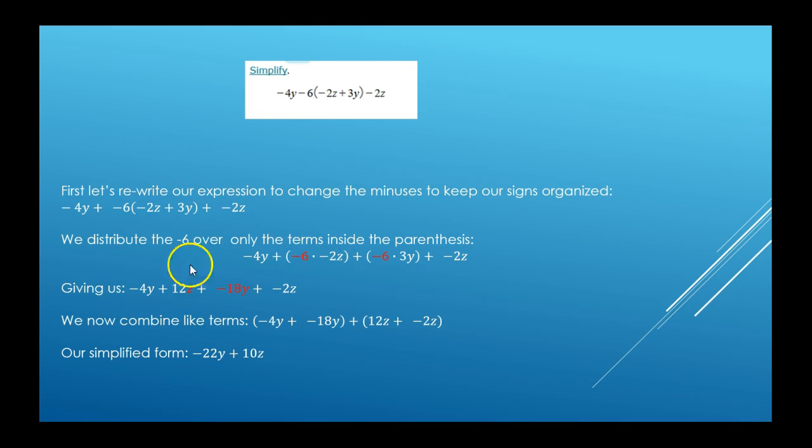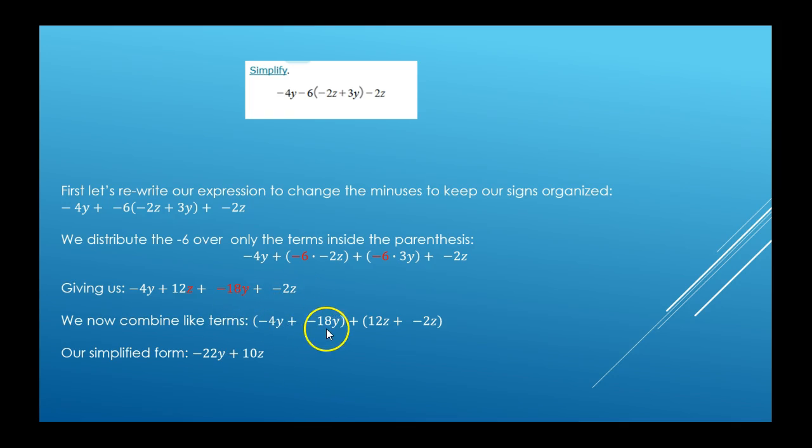-6 times -2z is a positive 12z. -6 times 3y is a -18y. So we have -4y plus 12z plus -18y plus -2z. Combining our like terms, a positive 12z and a -2z, and then a -4y and a -18y.